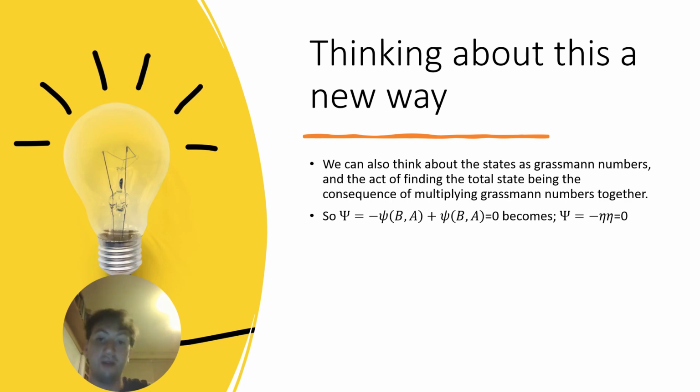and we get 0. And we have to get 0 because, as we said before, the anti-symmetric nature of the classical wave functions means the total wave function must be 0. So from this we can see that a defining feature of the Grassmann numbers is that a Grassmann number multiplied by itself must give 0.